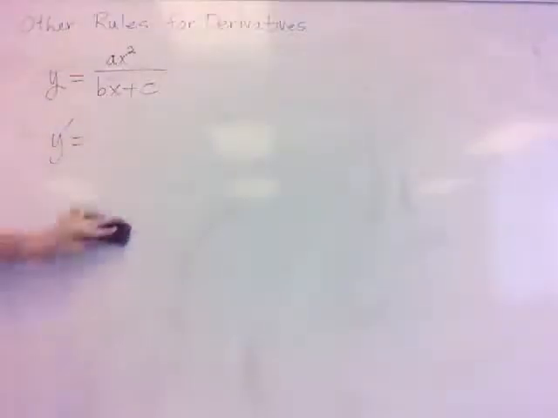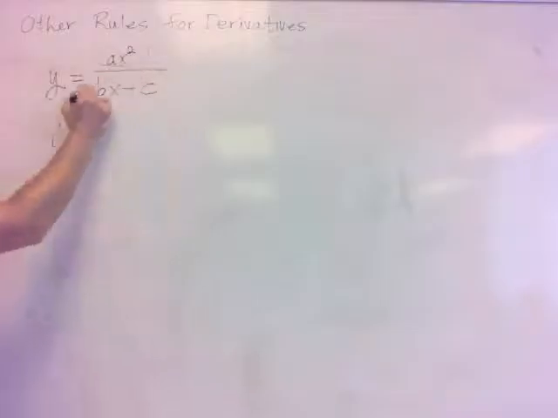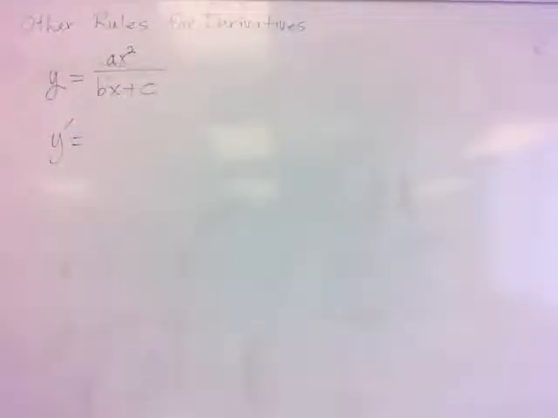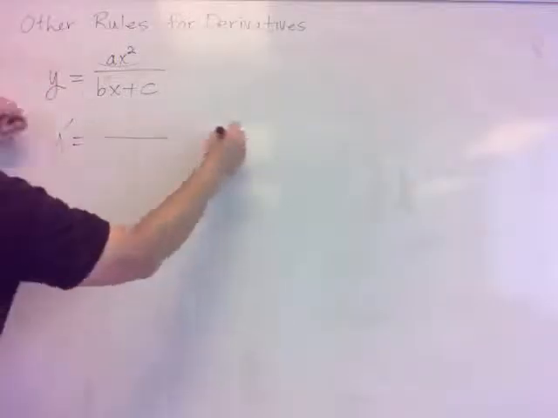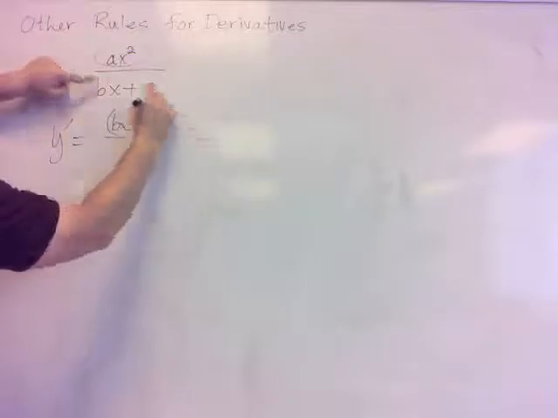What's the derivative there? Well, I have to use my quotient rule here. I've got ax squared divided by bx plus c, so that is where we would do our quotient rule. How does the quotient rule go? Well, I take low, just the low as is, bx plus c, times d of the high.